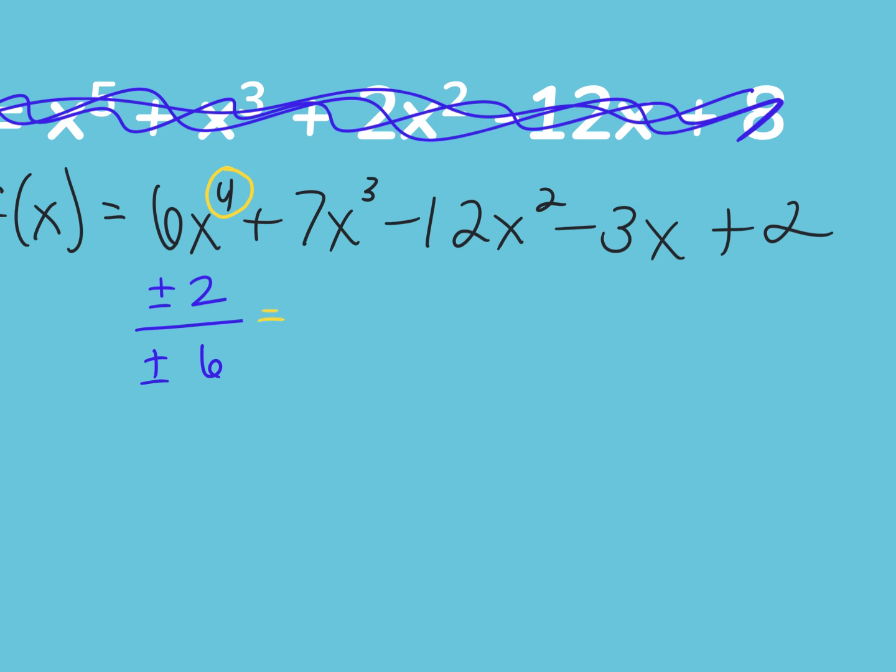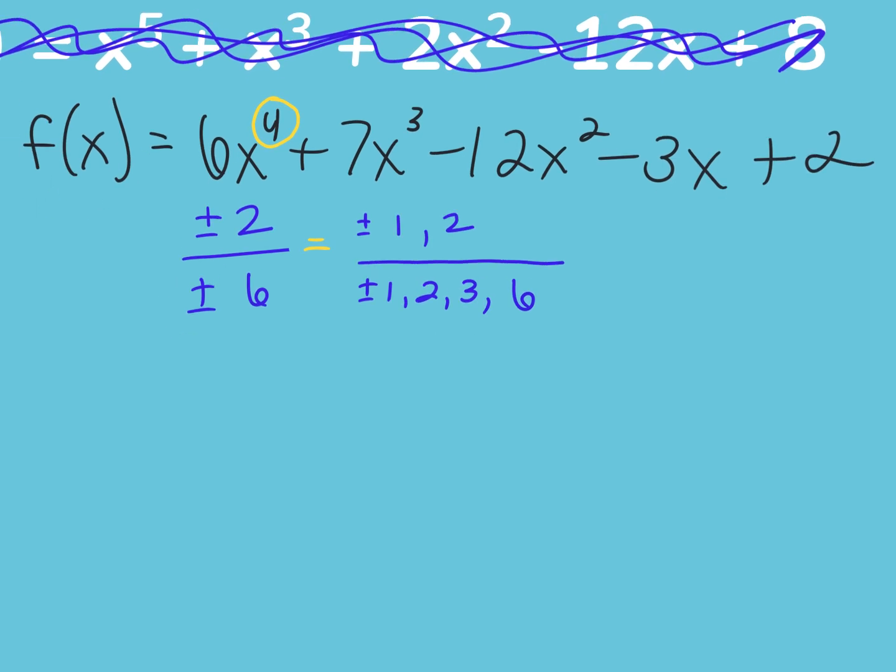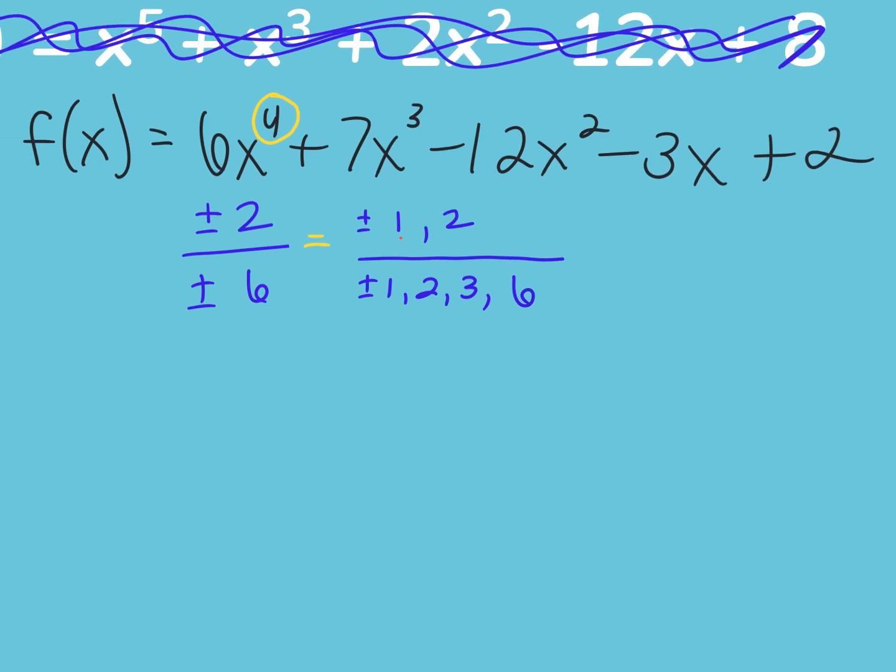what are my possibles for 2? Plus minus 1 and 2. What are my possibles for 6? 1, 2, 3, and 6. You have more possibilities now. The easiest thing to do is almost like a little flow chart. Take 1 and put it 1 over 1, 1 over 2, 1 over 3, 1 over 6.